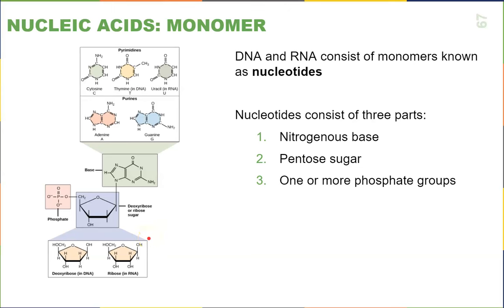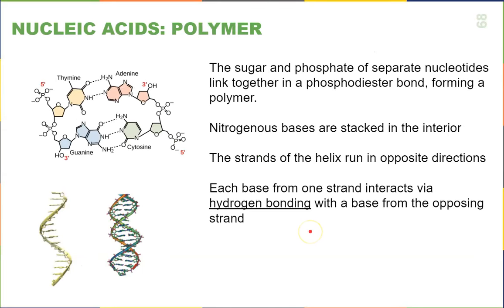So I know when we talk about DNA and RNA, we typically just refer to the letter, like T, A, C, G, or U. But keep in mind that it also has these other two parts connected to it, okay? So the polymer can be DNA or RNA, and again, here's our nucleotide.